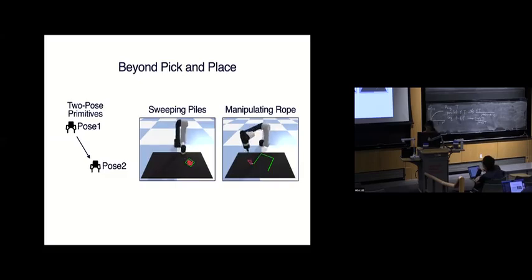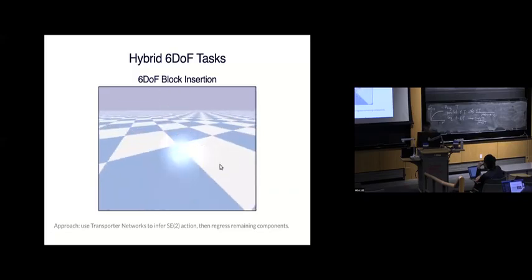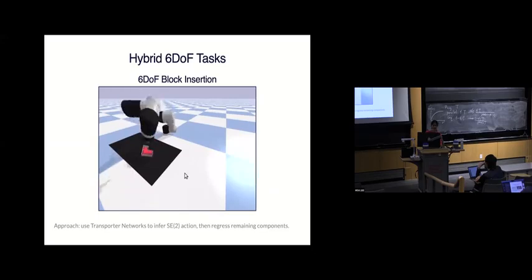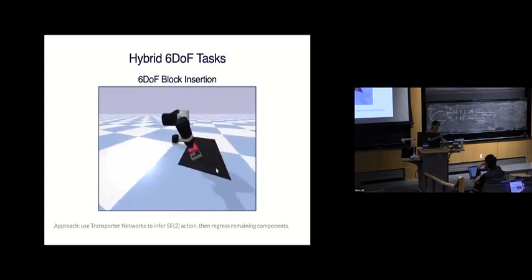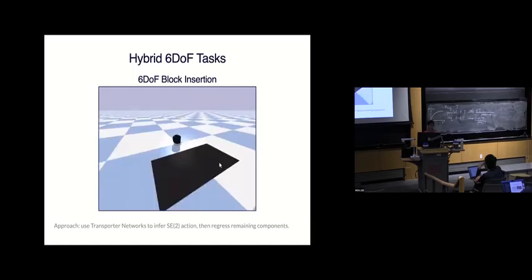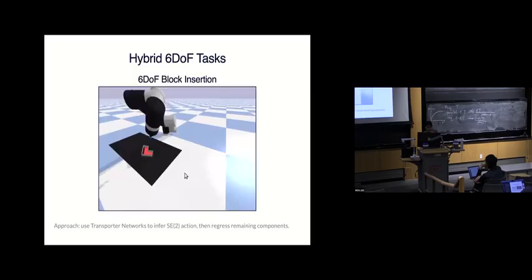All right, but here you can do all crazy things like manipulating ropes and so on, and you can train a network for every task. And here you can also augment this transporter network, as you can see, with some 6 degrees of freedom. So far, we were using only 2, like this type of rotation and where to place, by just predicting those extra parameters as a regression on the particular location of the workspace.